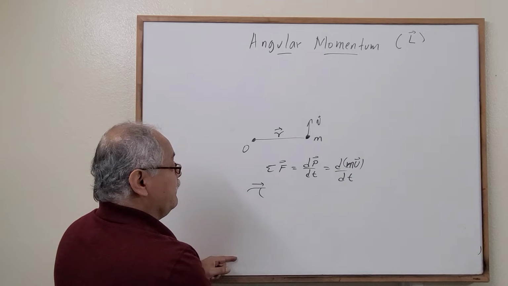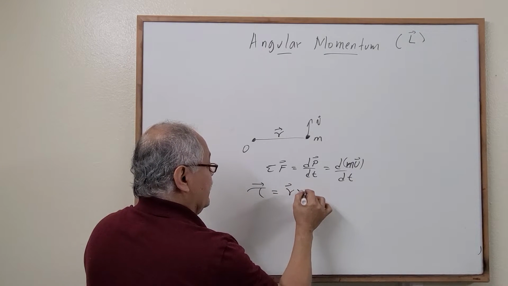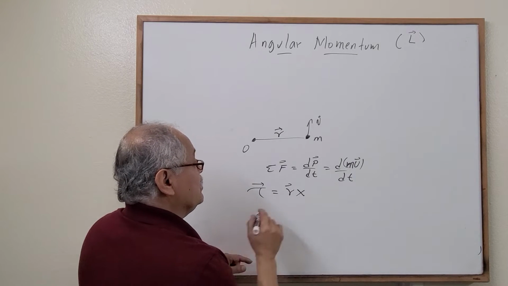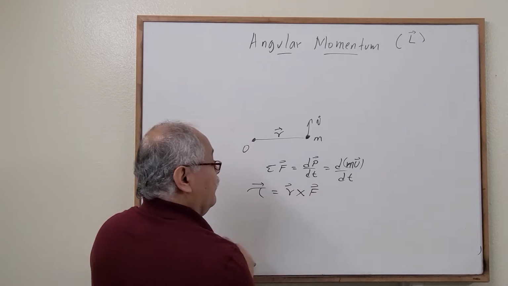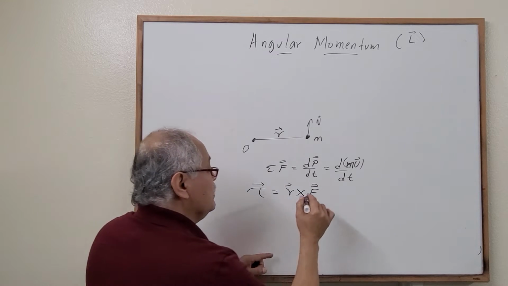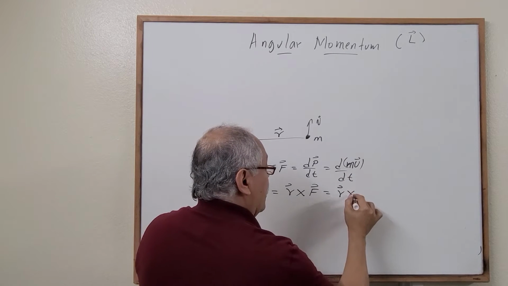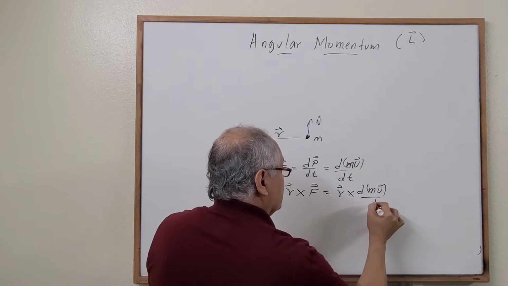The torque is defined, remember, as the cross product of r, the lever arm or the vector position, and a force. When we substitute this value, this equals r cross the derivative of linear momentum with respect to time.